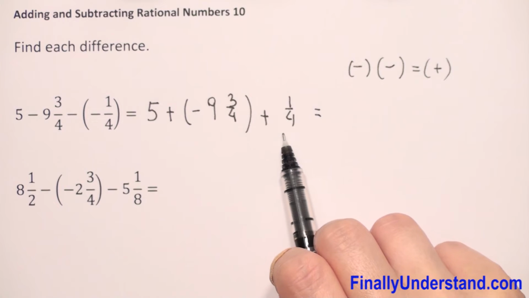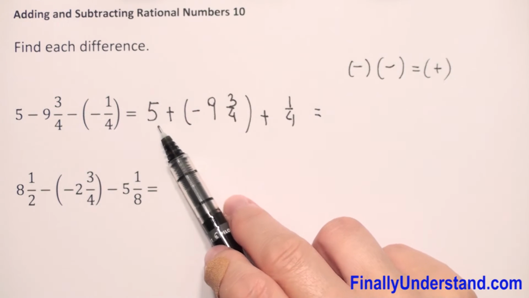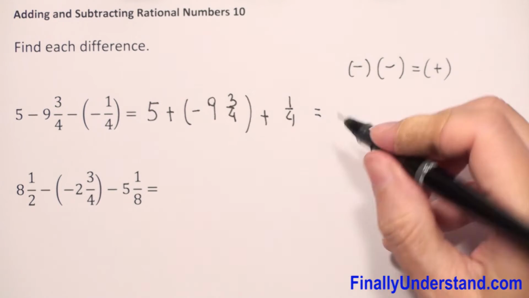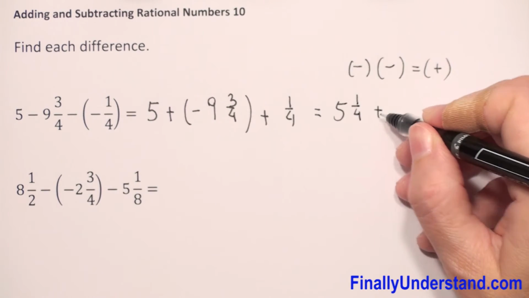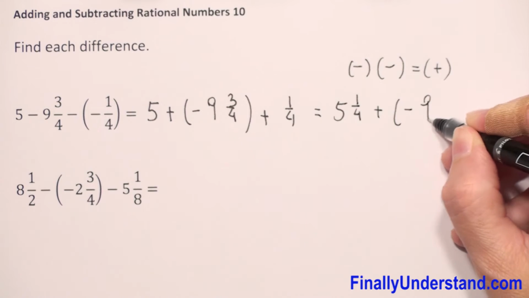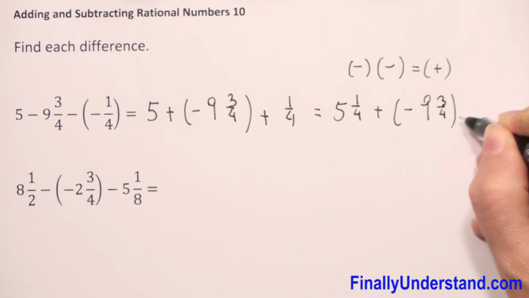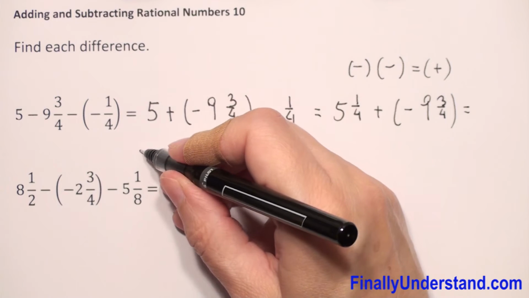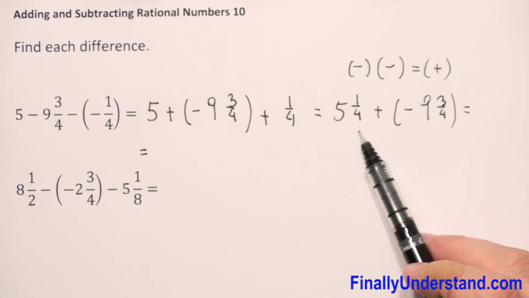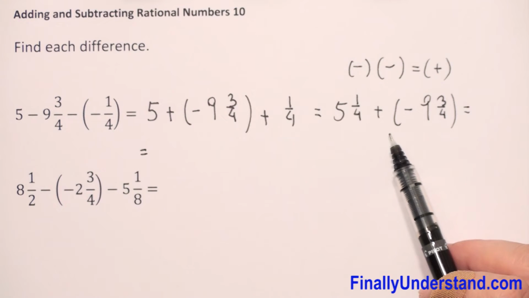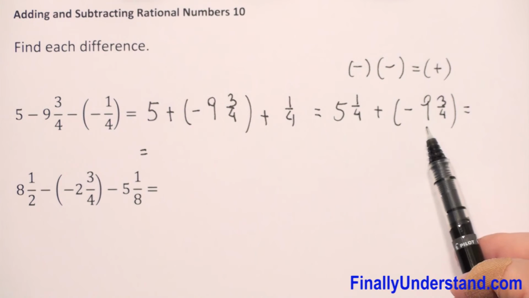And now we have addition. Two numbers are positive, one negative. So I can add first 5 and 1 over 4. So this is 5 and 1 over 4, and we have plus negative 9 and 3 over 4. When we add two numbers, one positive, one negative, first we check which of these two numbers is greater.